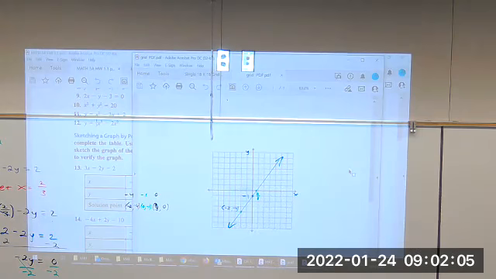The minimum number of points you need to establish a line is, I don't care which, two. That's just practice. When we get to the next section, we don't want to plug in points. We don't want to plug in numbers. We want to look at the equation and just know how to graph a line.